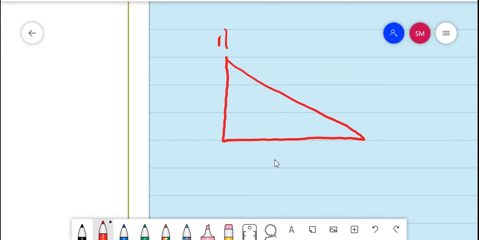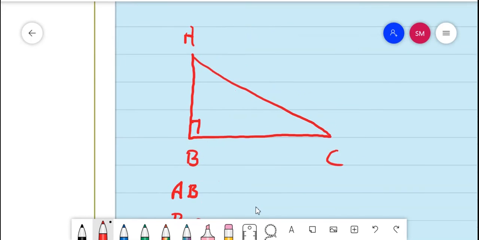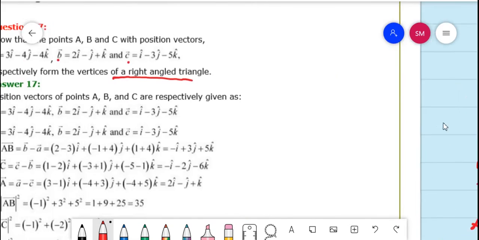Simply find the magnitude of AB, magnitude of BC, magnitude of AC, and then check whether AC square equals AB square plus BC square or not.